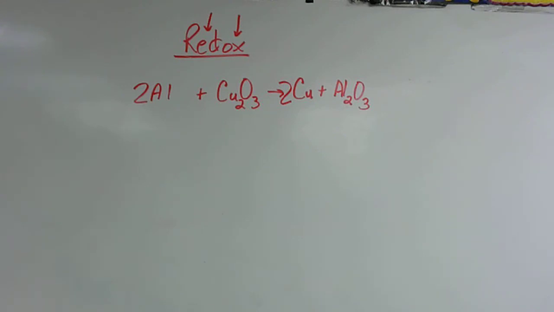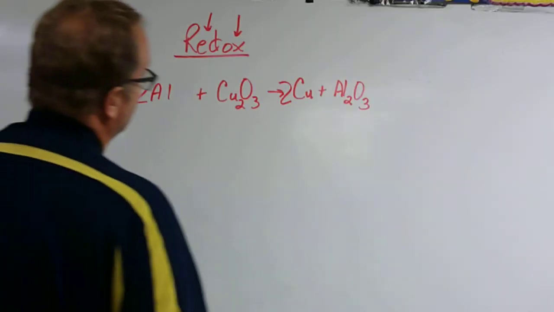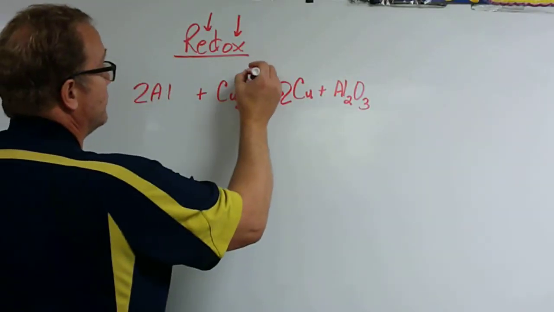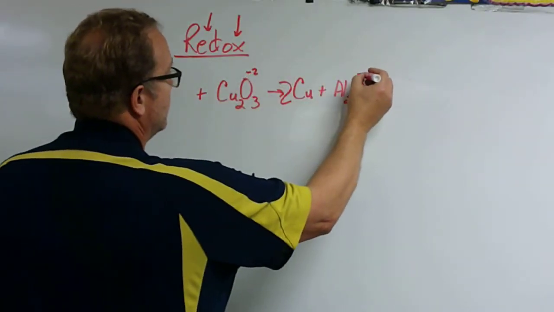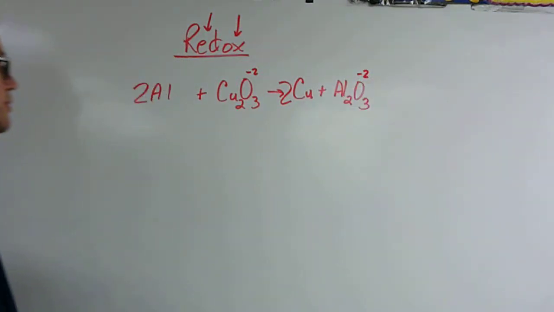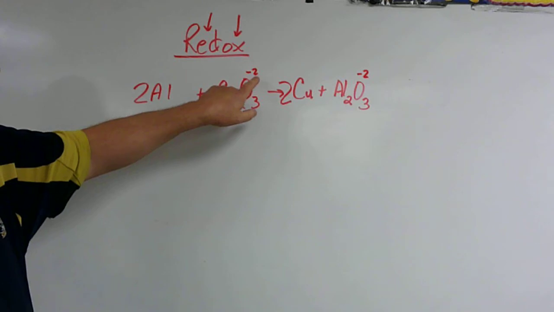And then what we're going to do next is we are actually going to do our redox. Now, if you remember, the easy one to figure out as far as my charges is going to be the oxygen with a -2 charge. And your -2 is coming from this one here.